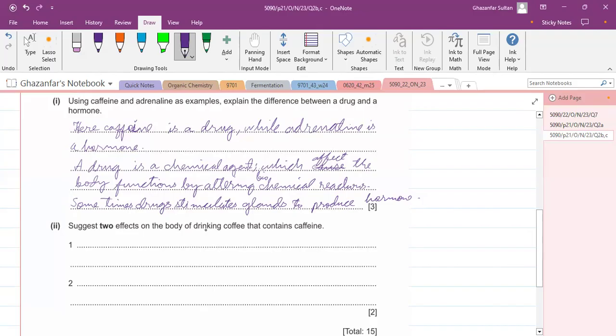So when we take caffeine, the hormone adrenaline is released, and adrenaline increases the heart rate. So one of the effects is this, and another effect is that if it increases the heart rate, then definitely it increases blood pressure.